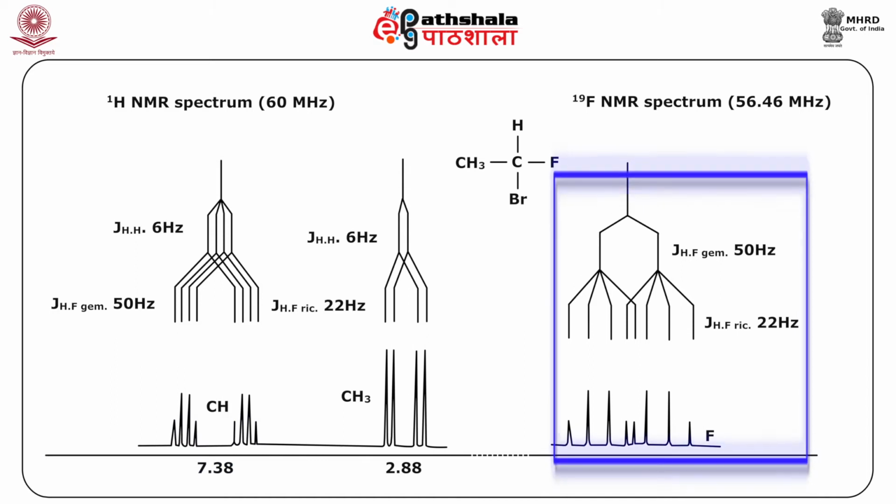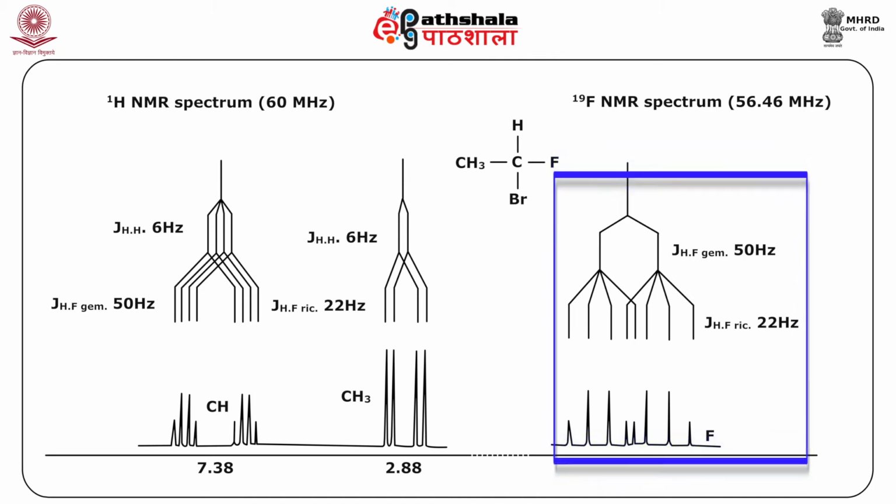In the 19F spectrum, the fluorine signal is split into a doublet by the geminal methine proton having a coupling constant of 50 Hz, and each line is further split into 4 by the vicinal methyl protons having a coupling constant of 22 Hz.